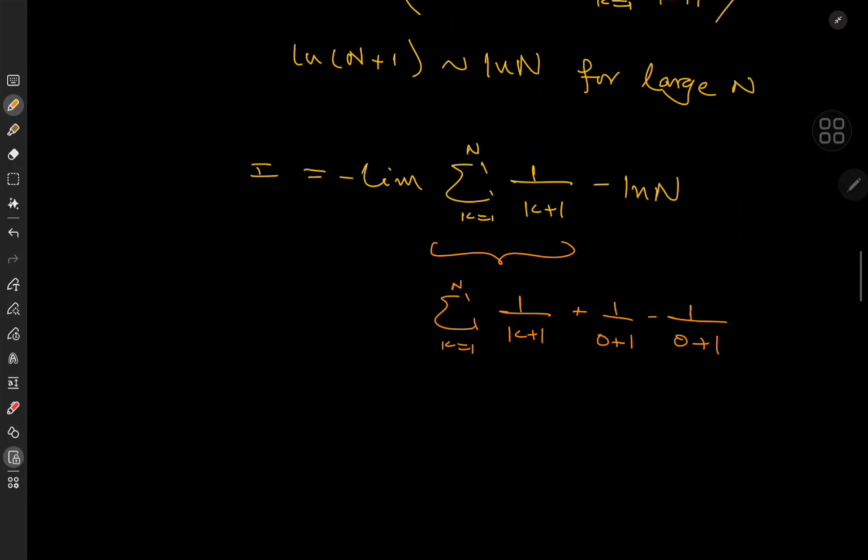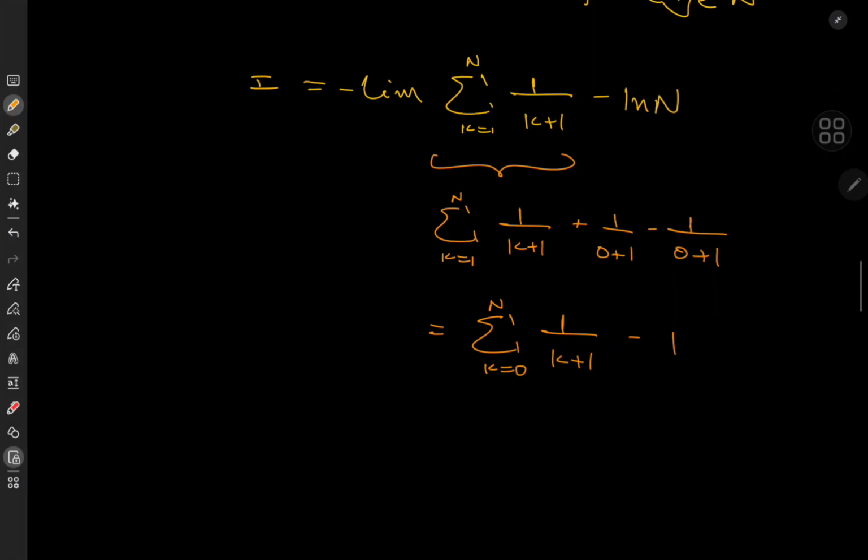Okay, as in adding a 0. If you have one apple and you take it away, then you have no apples, QED. So this thing turns into a sum over k from 0 to n of 1 over k plus 1 minus a 1 term.